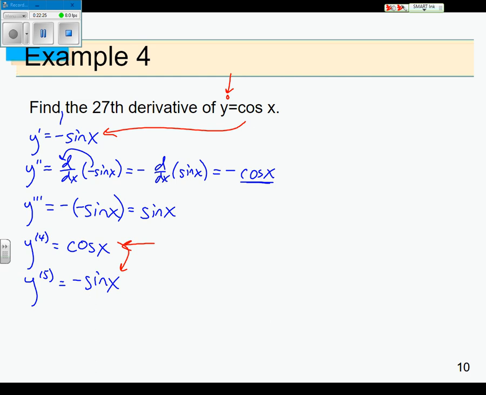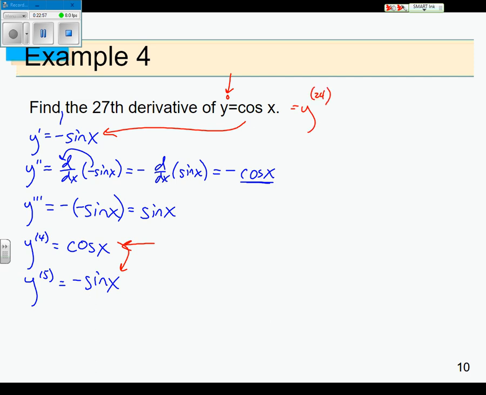Meaning that every multiple of 4, so the 8th derivative is going to be cosine, the 12th, the 16th, the 20th, and the 24th derivative are all going to be cosine. Let me put that here. This is going to be equal to the 24th derivative of cosine.